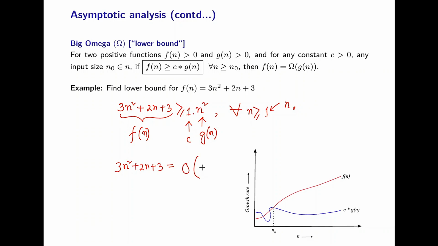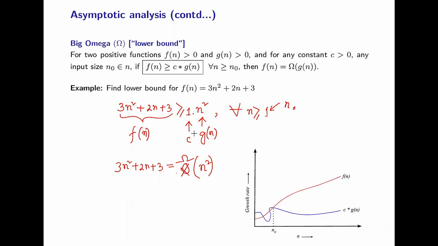What is g(n)? g(n) is n square. So not big O, here it is big omega. So 3n square plus 2n plus 3 is equal to big omega of n square.